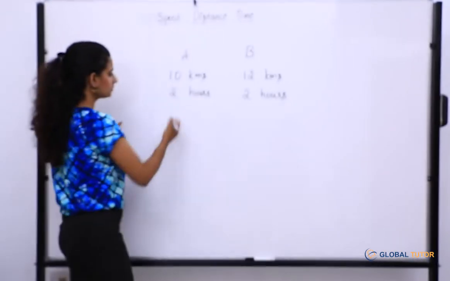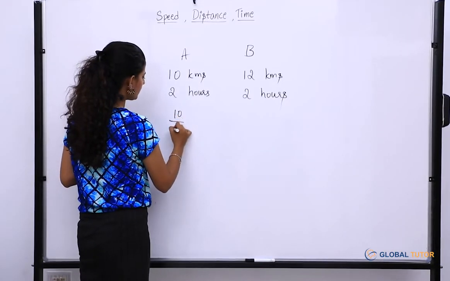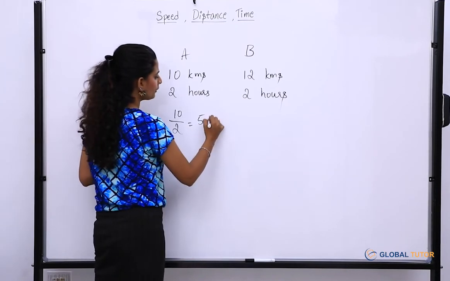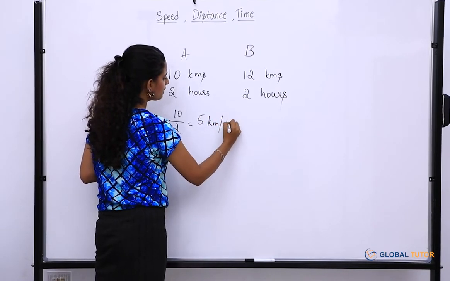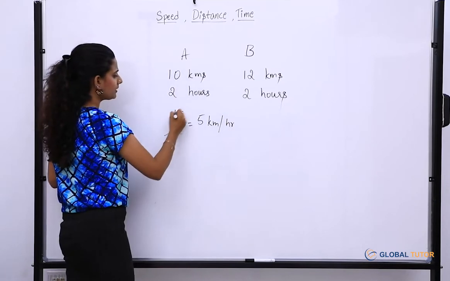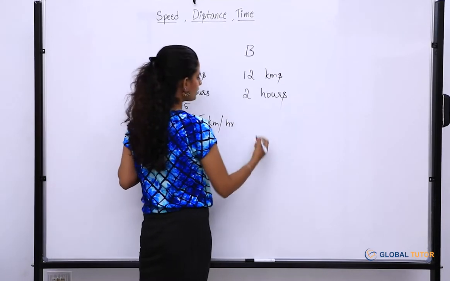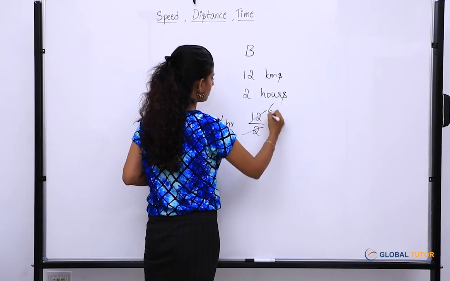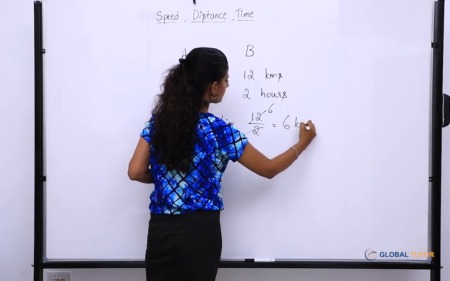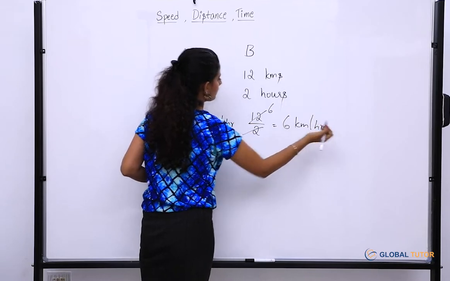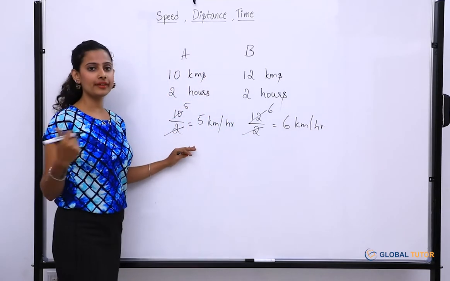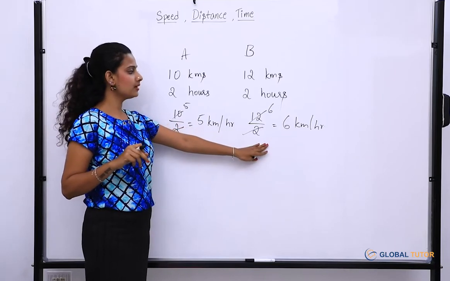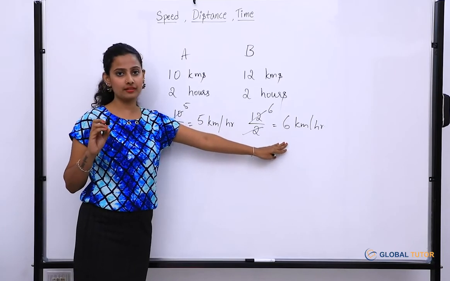So here person A is in the speed of 5 kilometer per hour, right? And person B is in the speed of 6 kilometer per hour. So this is how we can define speed. It is visible that person B is in a higher speed, right?